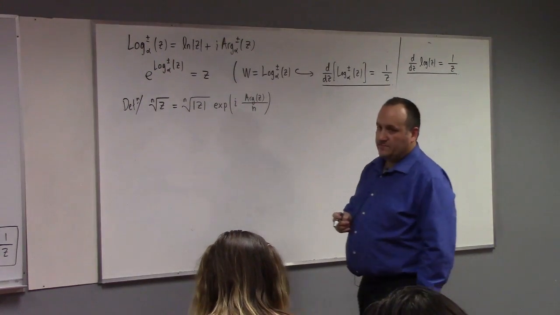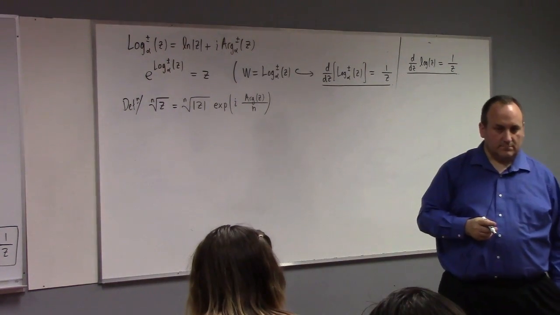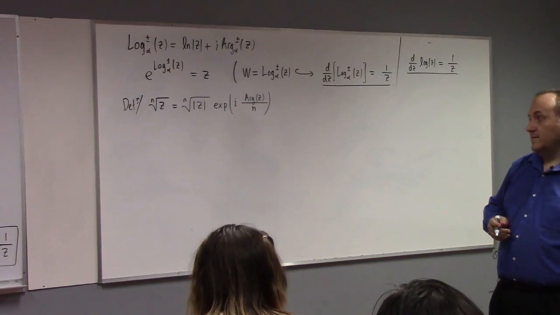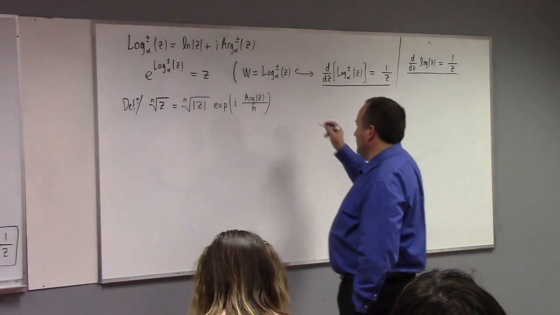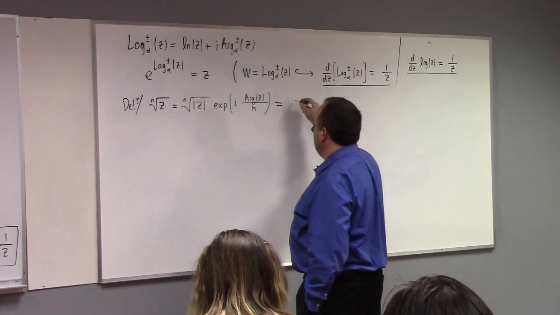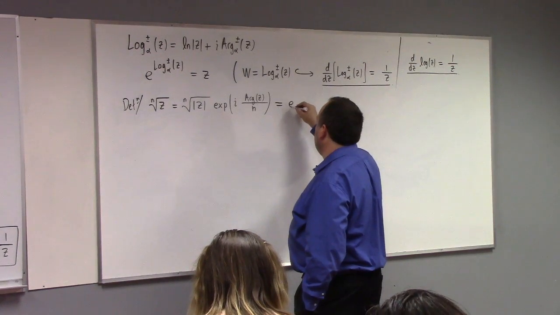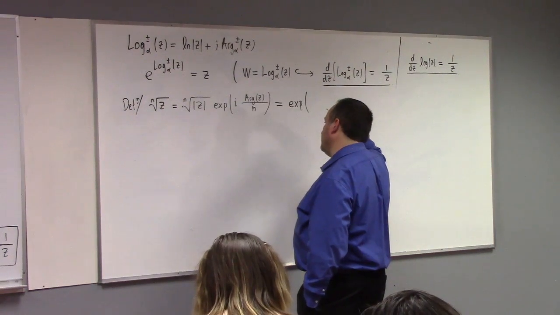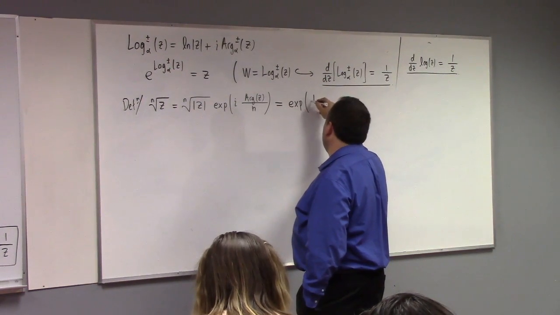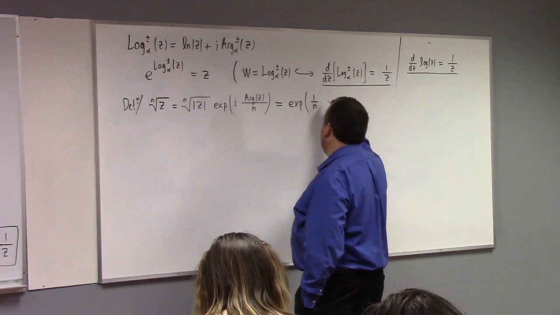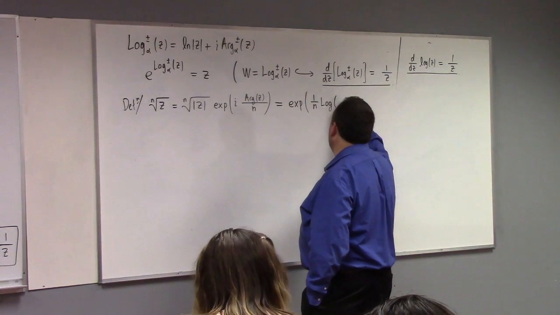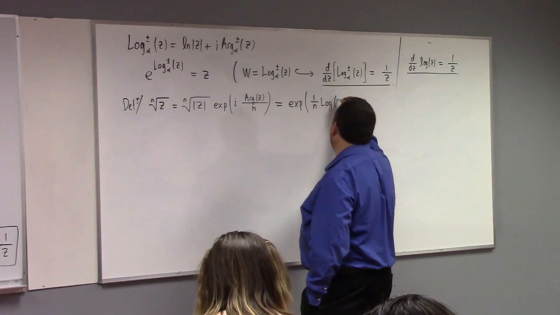That was our nth root. You can prove that this is actually equal to the exponential of 1 over n times the log of z.